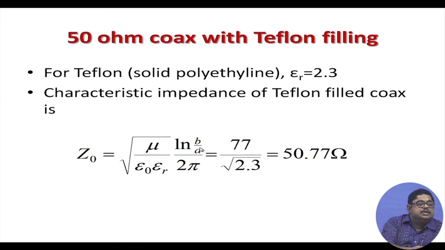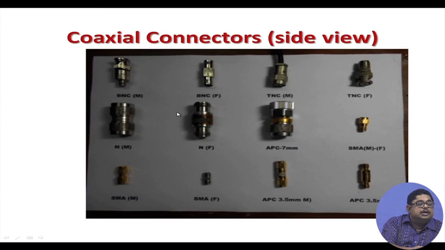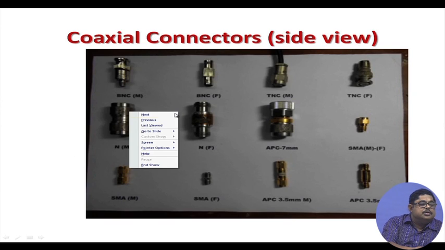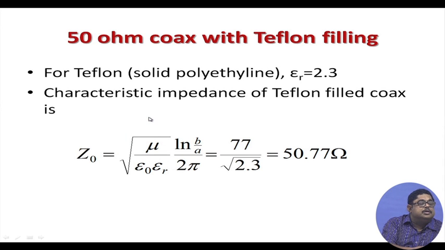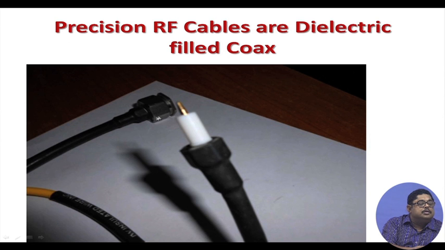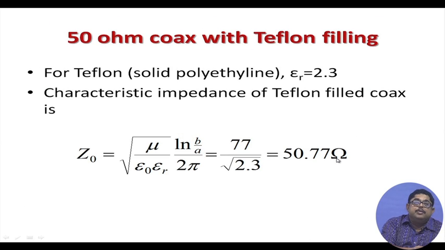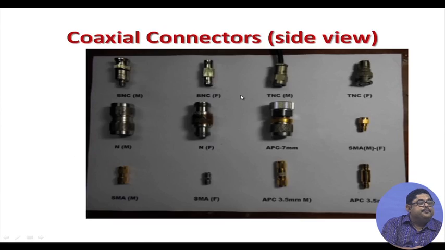So with that, but with the dielectric, it will be 50 ohm. If we use Teflon, that gives you an exact 50 ohm characteristic impedance, which you can easily make.